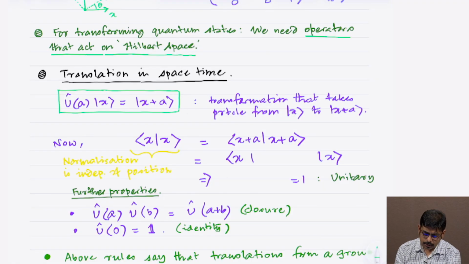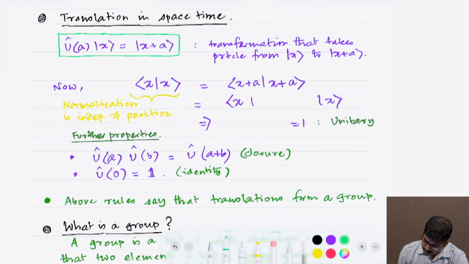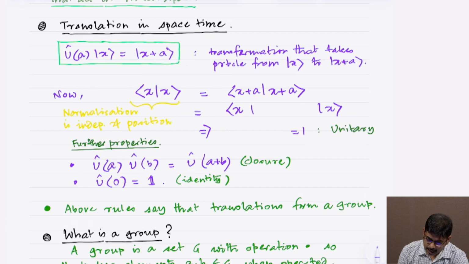Therefore, the inner product of the bra and ket x must equal the inner product of x plus a. If x plus a is obtained by U(a) acting on x, then the operator that gives you the x plus a bra must be U dagger(a). And this must be equal to the inner product of x itself.